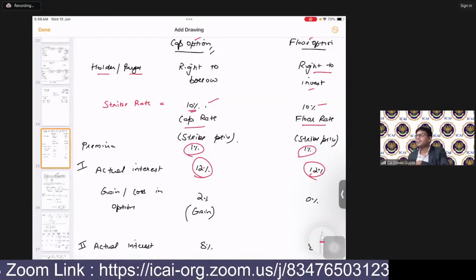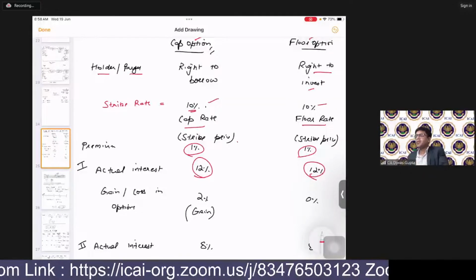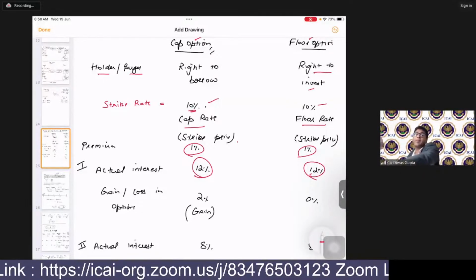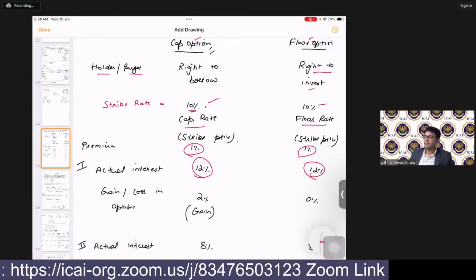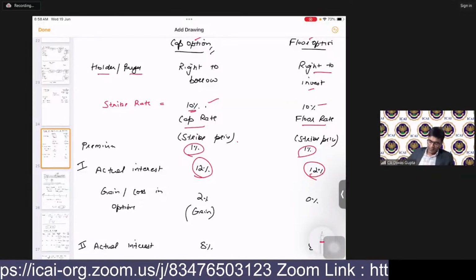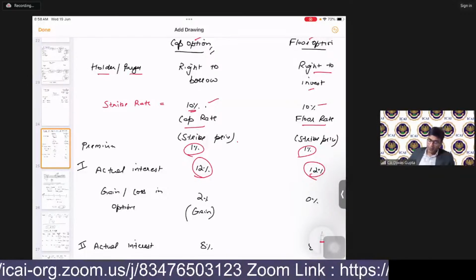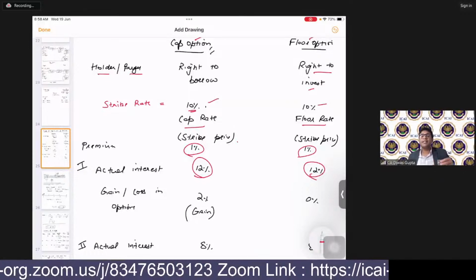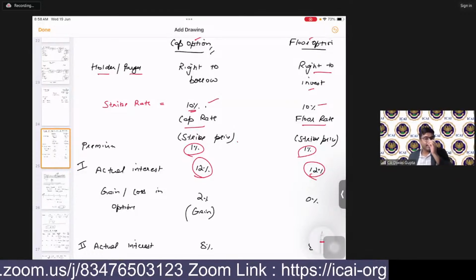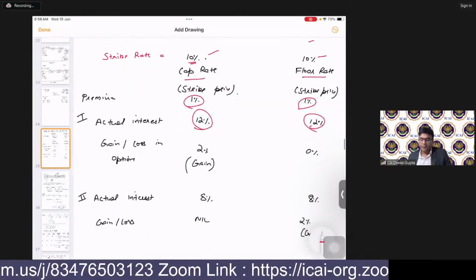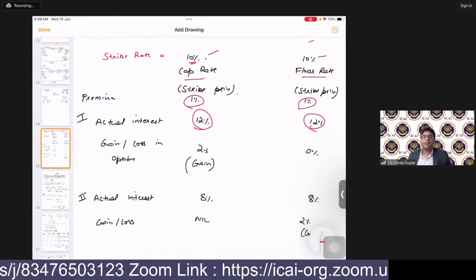No, Viraj and Munish, we are talking about the cap option. The cap option will become out of the money. In case the interest rate goes down, the cap option will become out of the money.